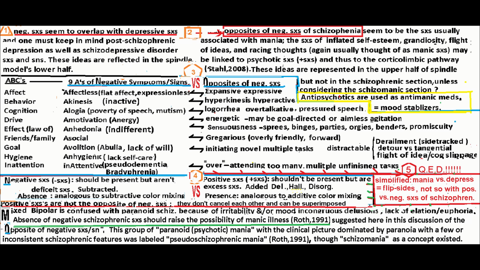So the thing that's interesting is antipsychotics that are used to treat positive symptoms of schizophrenia are also used as manic medications, and they'll be used as an antipsychotic in psychotic mania, but they're also used just as mood stabilizers. So these have probably some common neurological brain pathways.